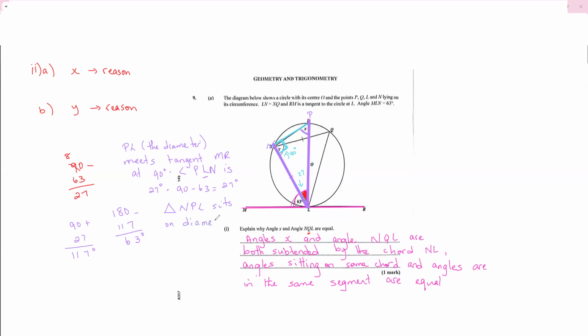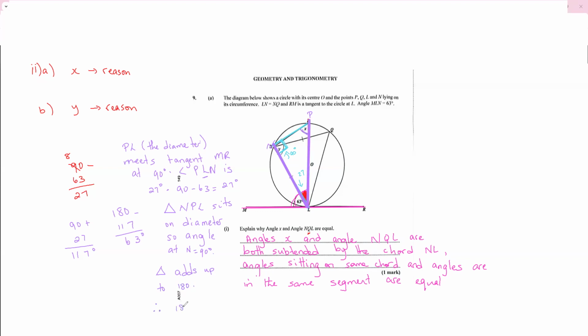I'm using simple reasoning: sits on diameter. So angle at N equals 90 degrees. We know that triangles add up to 180.